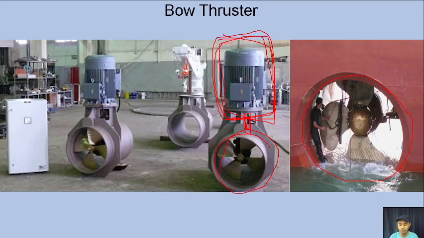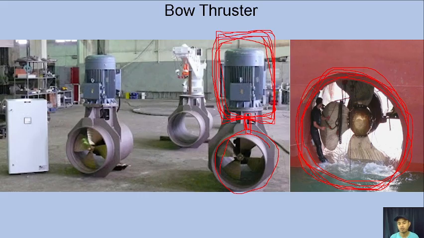Our generator can usually take loads, but sudden big loads are very hard for the generator to adjust to. So if you use bow thrusters, especially our deck officers, they must use them properly.